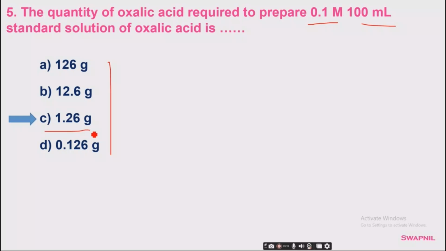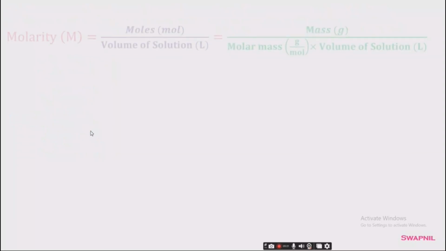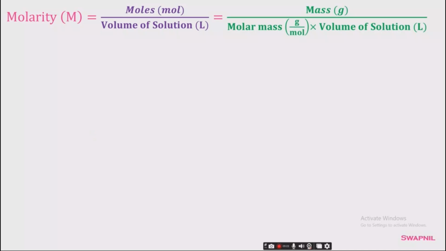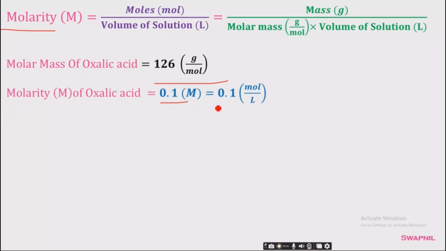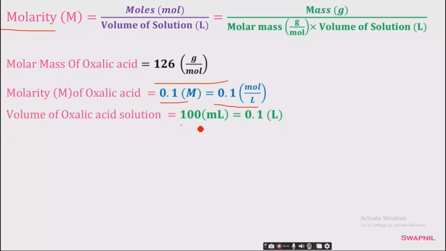So let's see the explanation for this question. We know that again molarity M, that is mole per liter, is equal to mass divided by molar mass into volume of solution. So we have molar mass of oxalic acid equal to 126 gram per mole. Molarity of oxalic acid is 0.1 molar, that is 0.1 mole per liter, and volume of oxalic acid solution is equal to 100 ml, that is 0.1 liter.